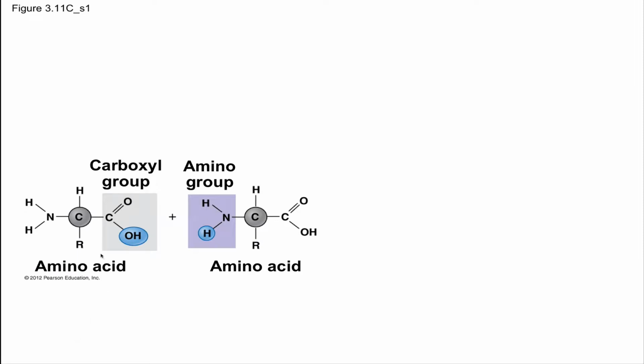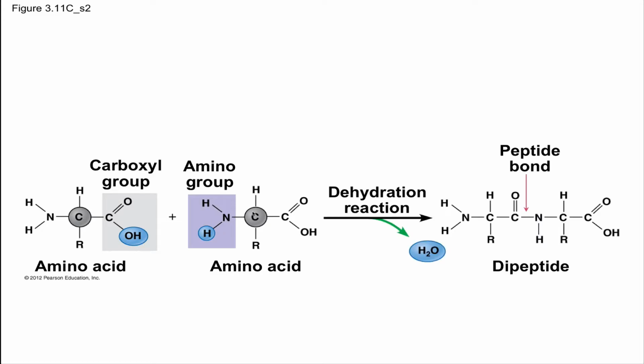So again, if you look at this amino acid over here, and this amino acid over here, look at the carboxyl group of this amino acid and the amino group of this amino acid. What's going to happen is this hydroxyl and this hydrogen atom are going to go away. So these guys go away to form H2O, water, and then these two will link up with one another. So here we go. Through dehydration reaction, the OH and the hydrogen left.